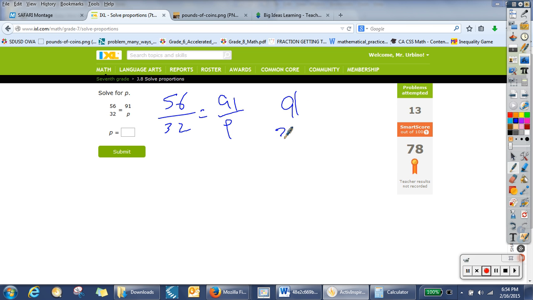91 and 32. Alright, we're going to find the cross products because 91 times 32 is going to give me 56 times p. Alright, so 91 times 32, 1 times 2 will give me 2. 2 times 9 will give me 18.